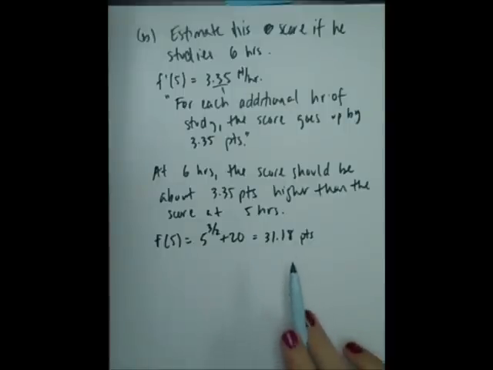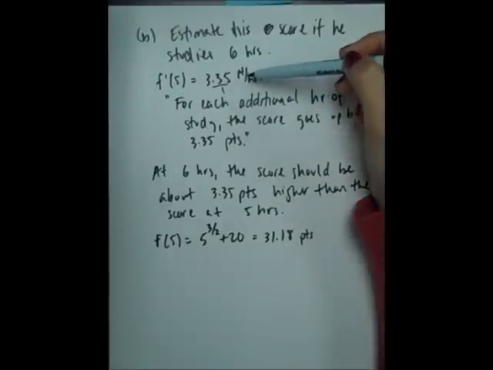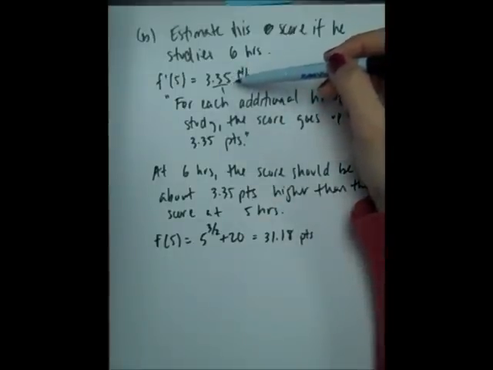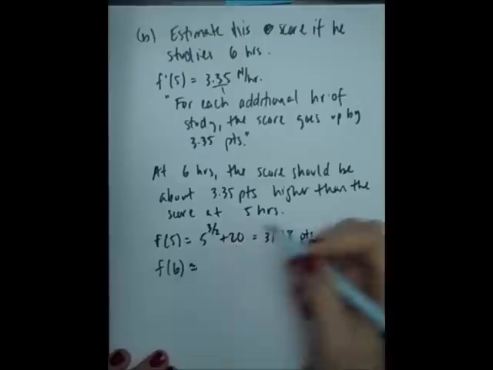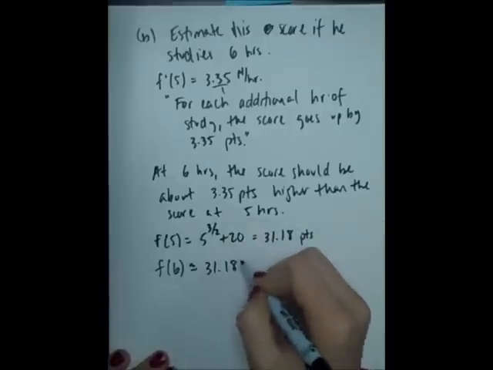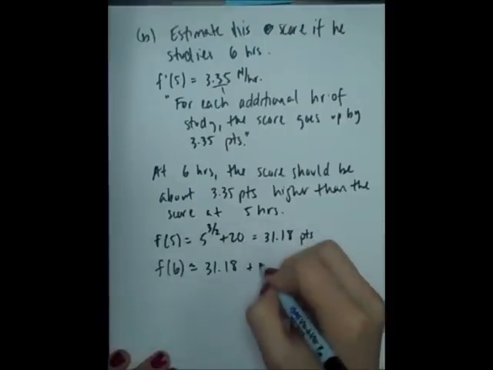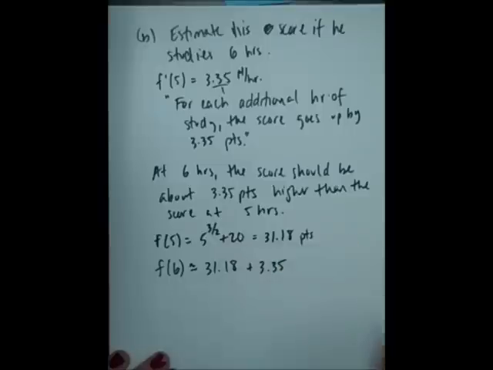I know that for each additional hour, that was the derivative, he's going to get about 3.35 points. That tells us that the score at 6 is going to be approximately the score at 5 plus the 3.35, which is 34.53 points.